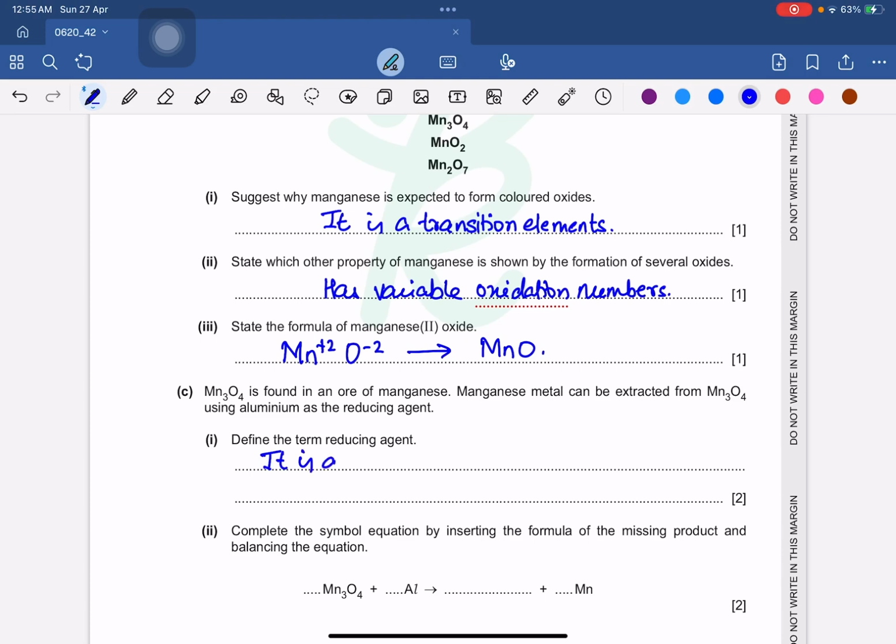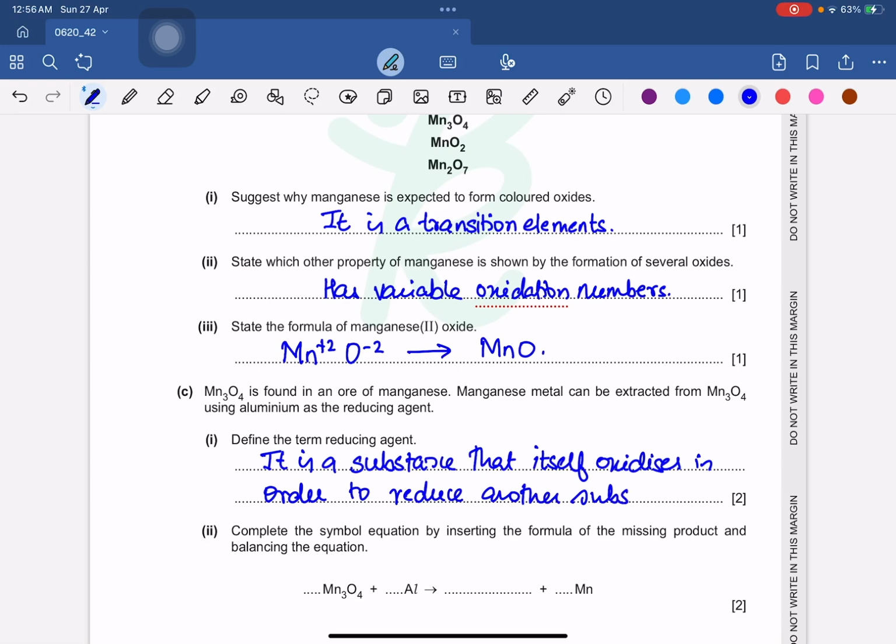So it is a substance that itself oxidizes in order to reduce another substance.